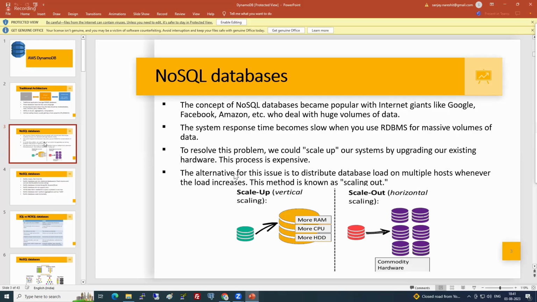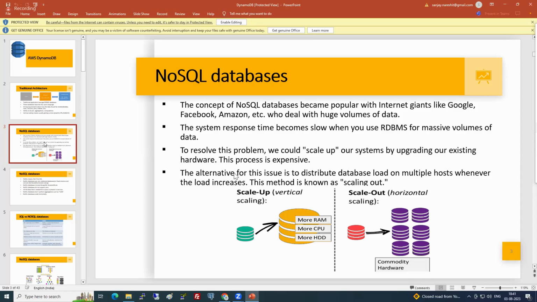NoSQL meaning not only SQL. These people are saying, don't die knowing only SQL Server. There is also something called NoSQL. Without SQL, you can also query many things and increase the performance of the application and database using NoSQL.